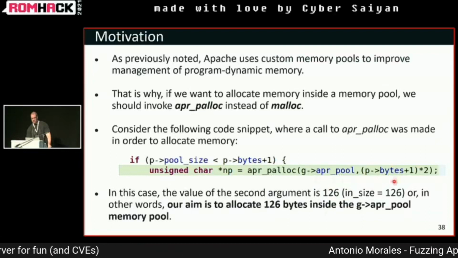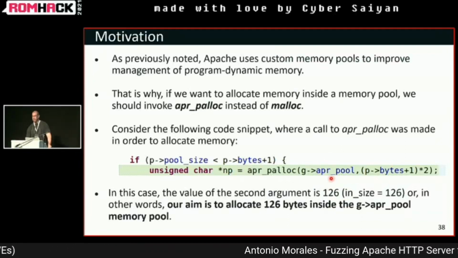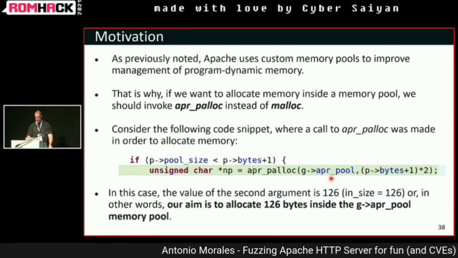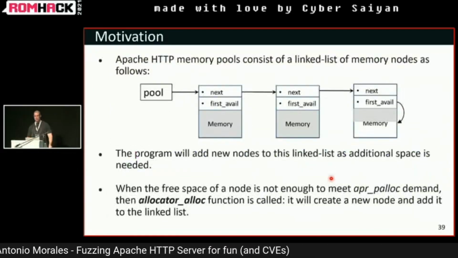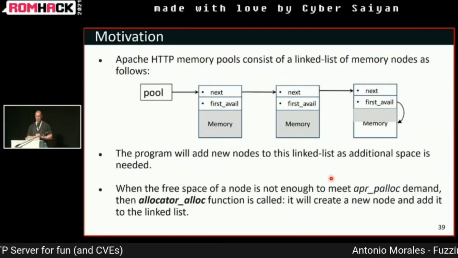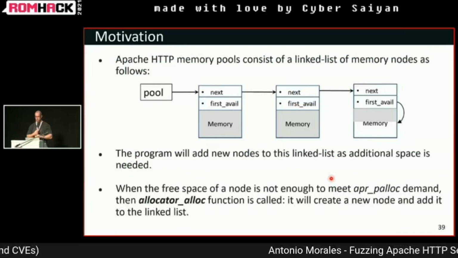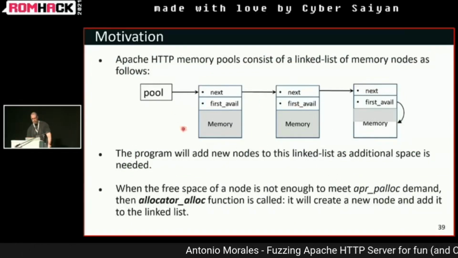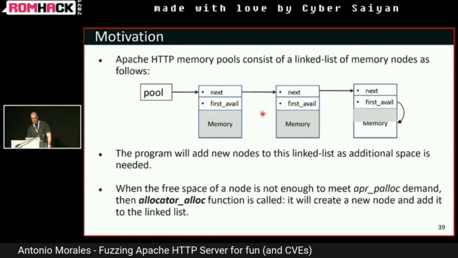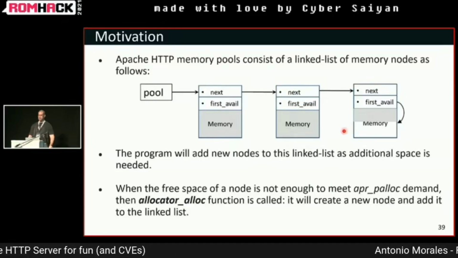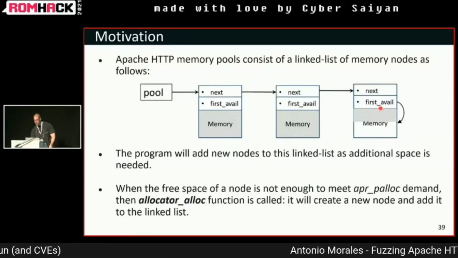This is the size argument, and this is the APR pool where we want to allocate the memory. So this is how the Apache memory pool works. The Apache memory pool consists of a linked list of memory nodes. Each node has a fixed size of memory available. You can see here the memory of each node. And as you can see also in this picture, the third node has some free space available.